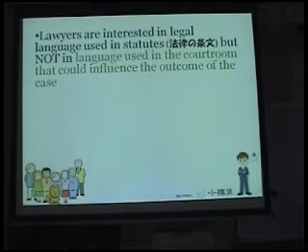But lawyers are interested in legal language used in statutes, but not in language used in the courtroom that could influence the outcome of the case. The language we use in the courtroom could affect the outcome of the case, but lawyers are not really aware of this danger.